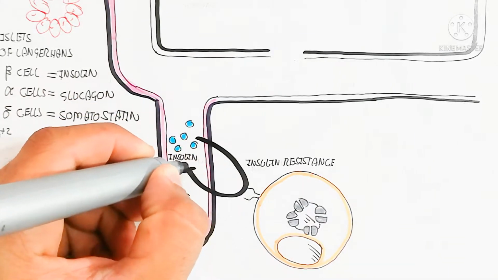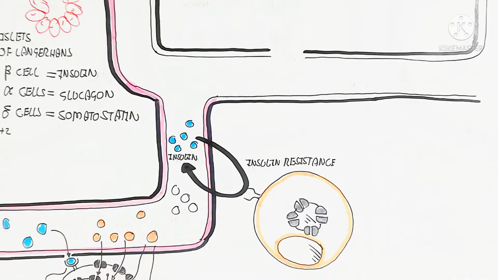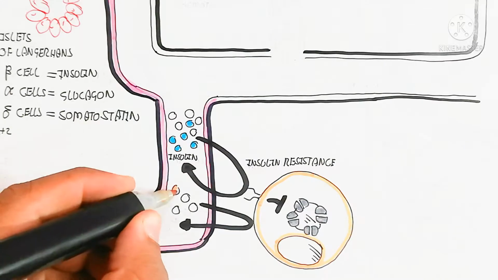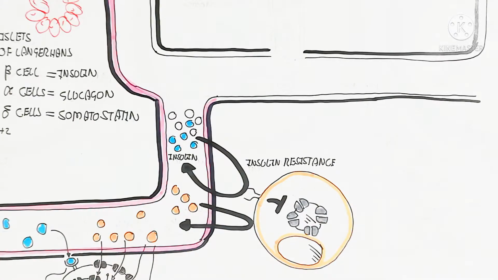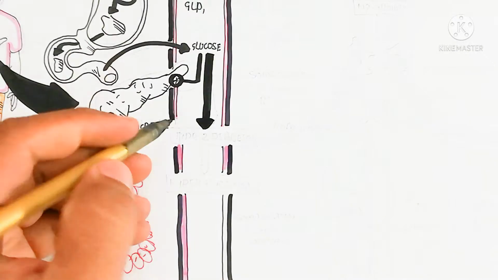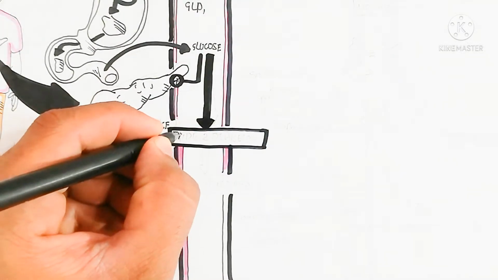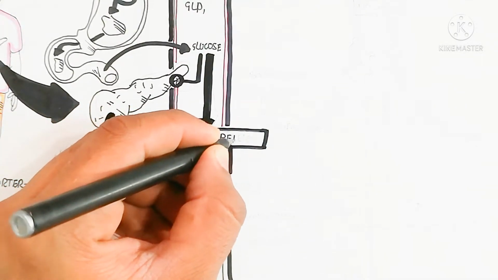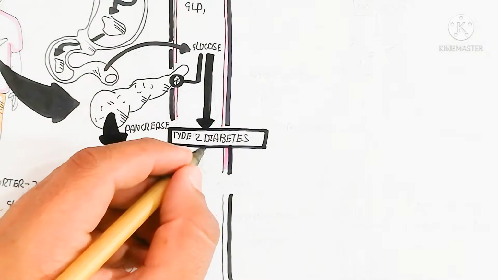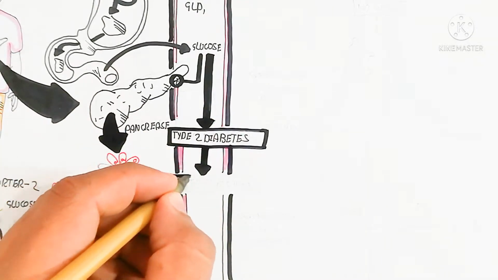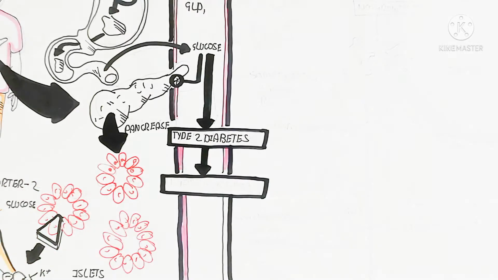Because the insulin will not bind, and when insulin does not bind, it will not trigger the vesicles to go to the plasma membrane. So glucose will not be absorbed because the GLUT channels are unavailable. So type 2 diabetes leads to hyperglycemia because of insulin resistance.